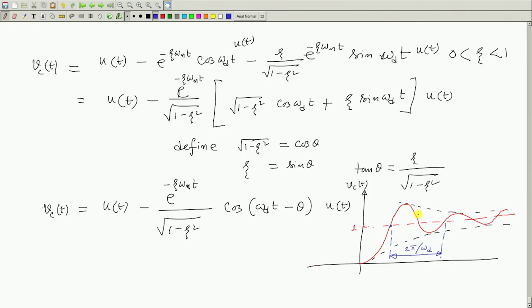It is for a certain value of zeta. Suppose, let us arbitrarily say, zeta equal to 0.5, it is like this.